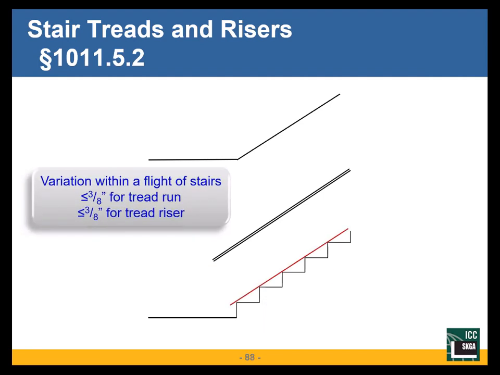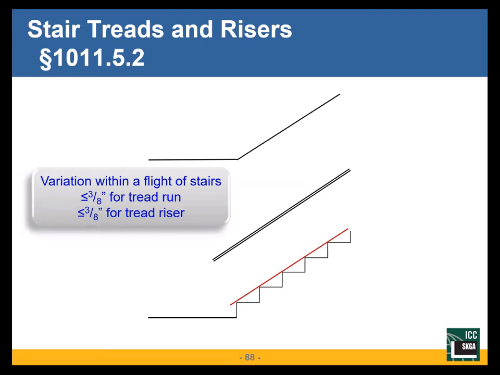When we look at the variation between tread, or I said we talked about what is a flight of stairs. Within each flight of stairs, from landing to landing, there can be a maximum difference of 3/8 of an inch on the tread run or the tread riser. Maximum 3/8 of an inch difference in that flight.